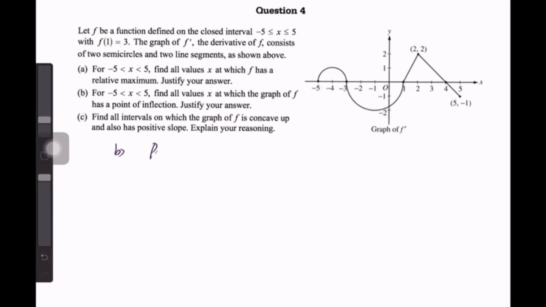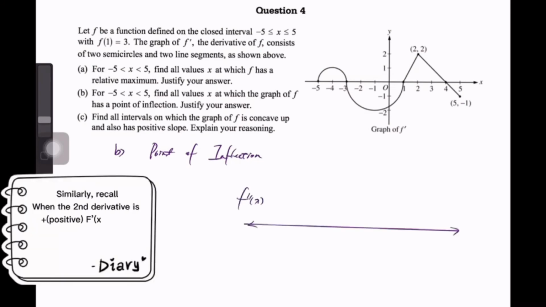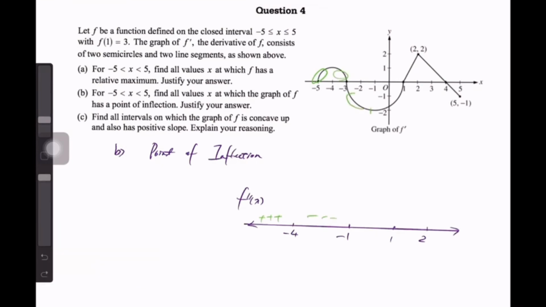For part B, we need to find the inflection point. Now, we can apply the number line technique again. By looking at the graph of f prime of x, we know that the second derivative is positive from the interval -5 to -4, negative from -4 to -1, positive from -1 to 2, and negative from 2 to 5.